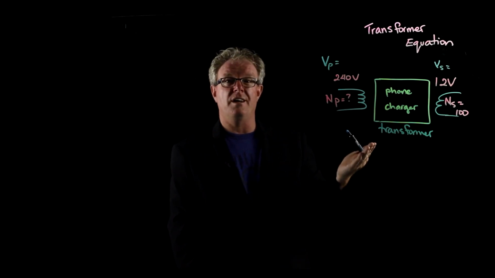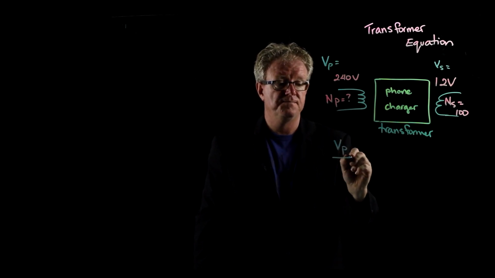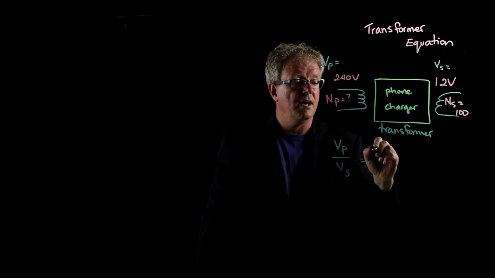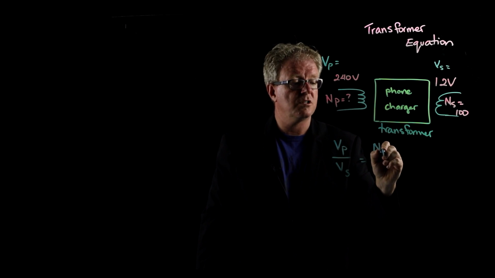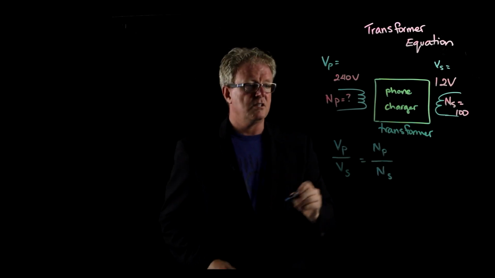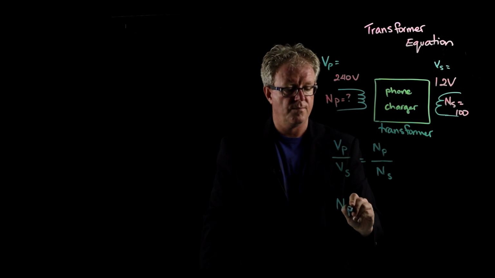So really you've only got one unknown here. The formula we're looking at is the primary and the secondary in terms of their voltage ratio, and then you have the number of coils in the primary divided by the number of coils in the secondary. The only unknown is the number of coils in the primary.